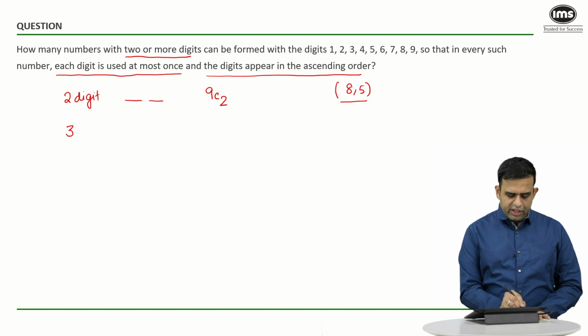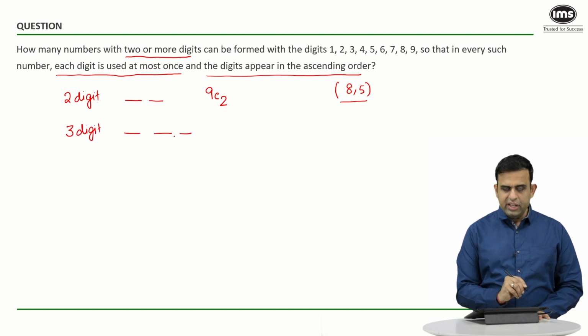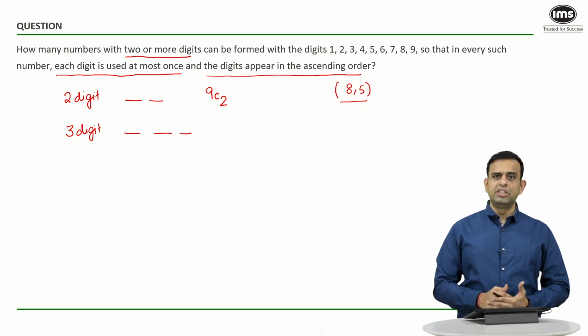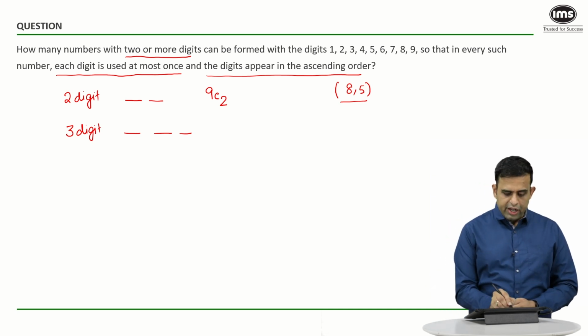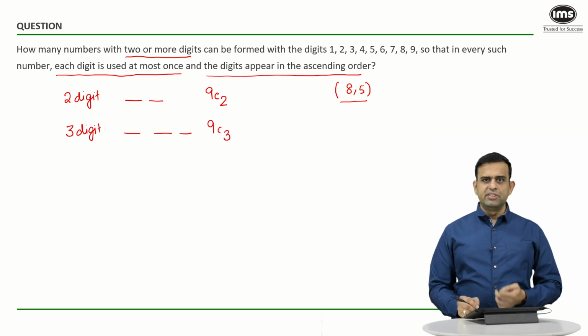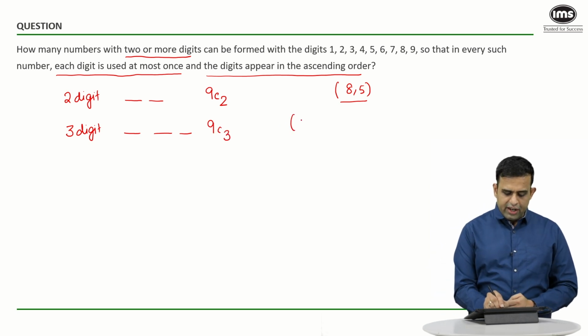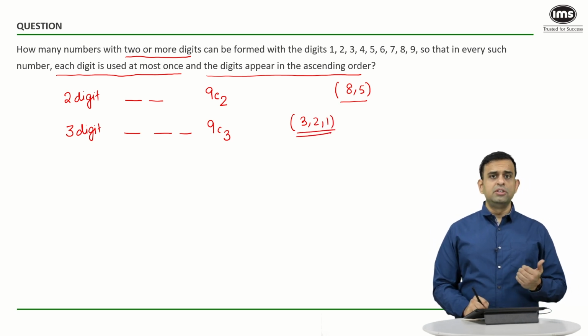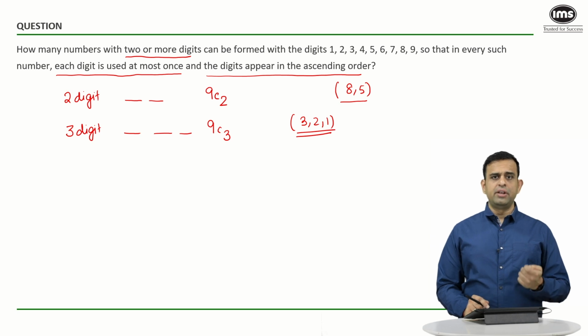Same way, if you look at a 3-digit number, and the number has to be in the ascending order, my task is to only choose the 3 digits among the 9. And I can do so in 9C3 ways. Again, to explain with an example, if I have taken the digits 3, 2 and 1, this can also make 3, 1, 2.